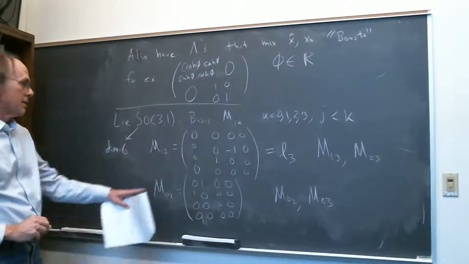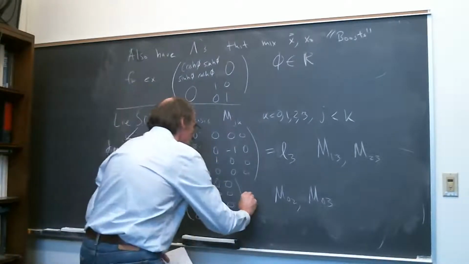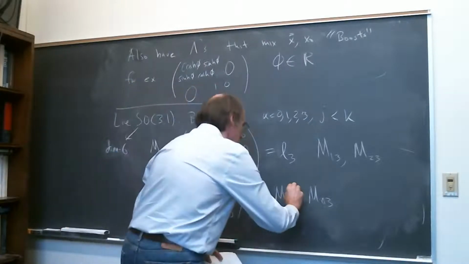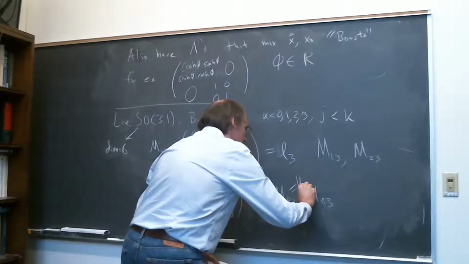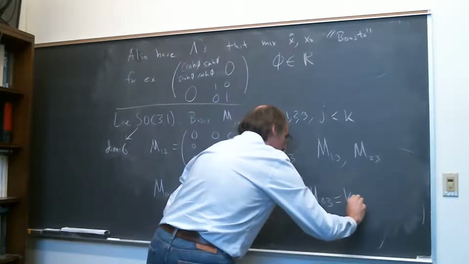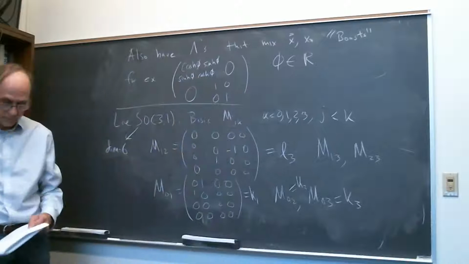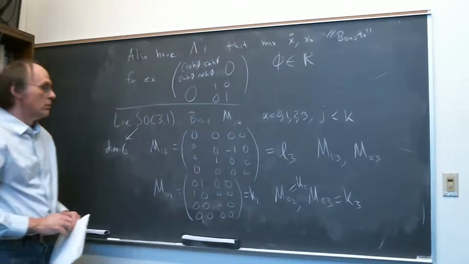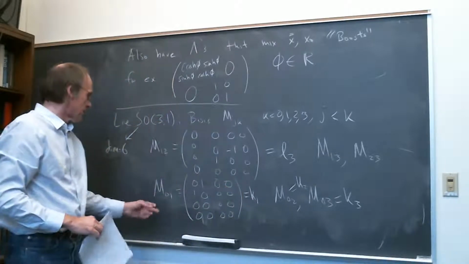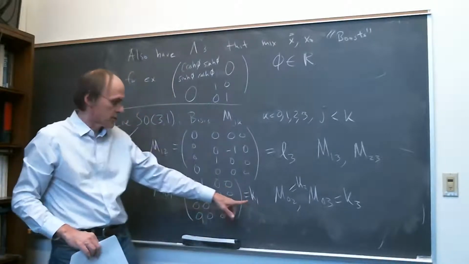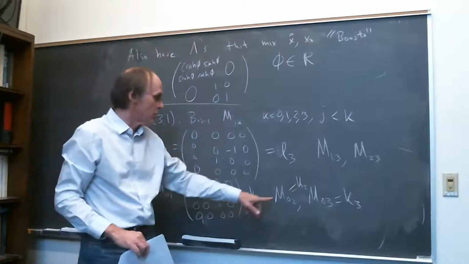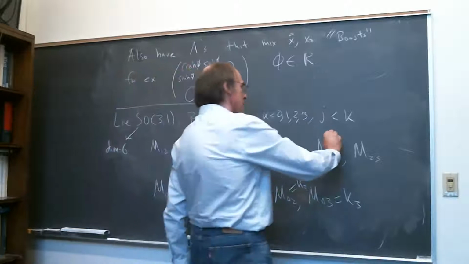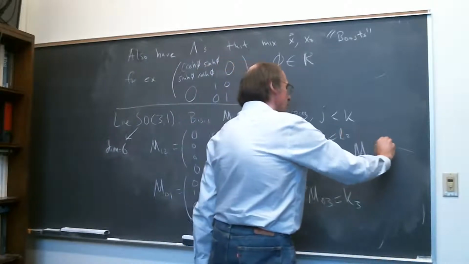I'm going to give these names: I'm going to call this K1, and this K2. So this is the infinitesimal generator of a boost in the 1 direction, this is a boost in the 2 direction, and this is a boost in the 3 direction. These are the usual ones. And this is L2 and this is L1.